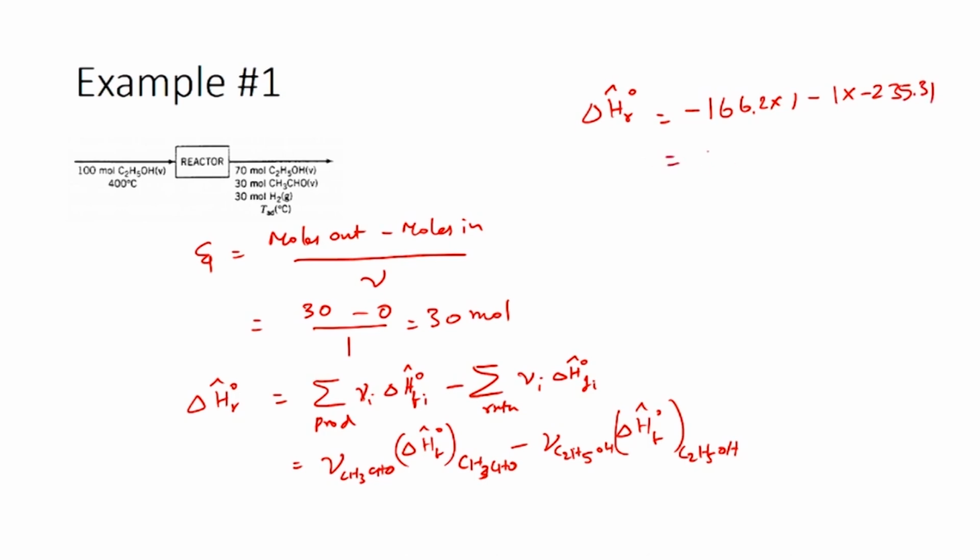So, the value for the heat of reaction is 69.11 kilojoules per mole. So, now we have identified the heat of reaction as well.